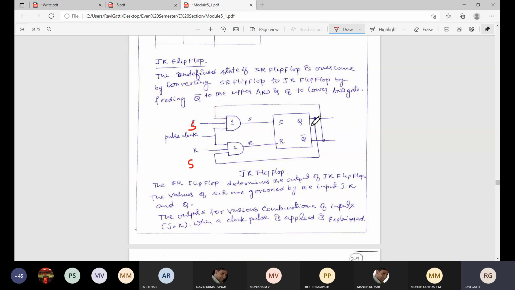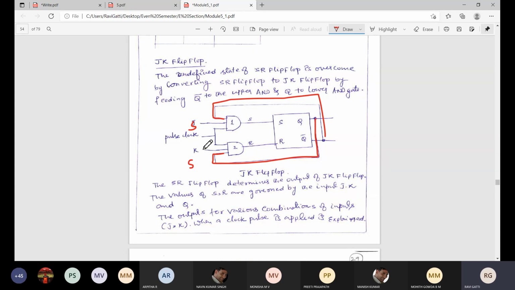The Q I have fed back to the R terminal, and the Q bar I have fed back to the S terminal.